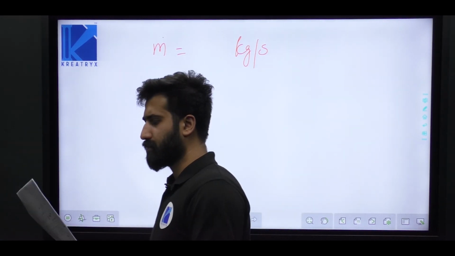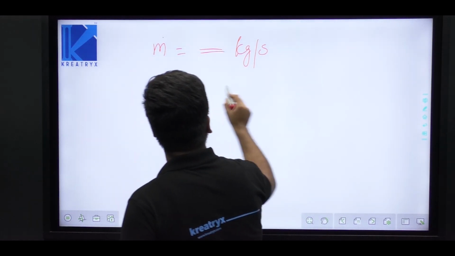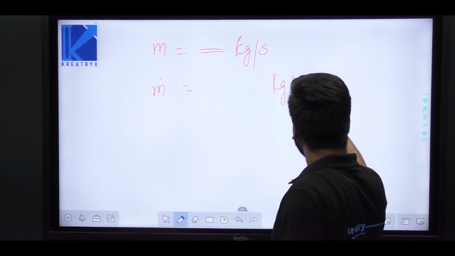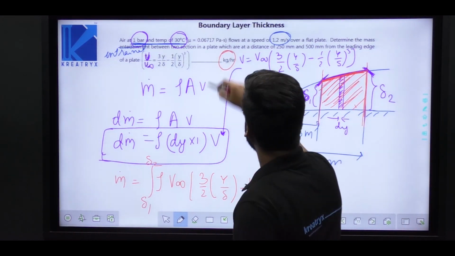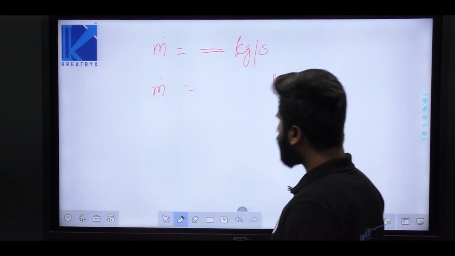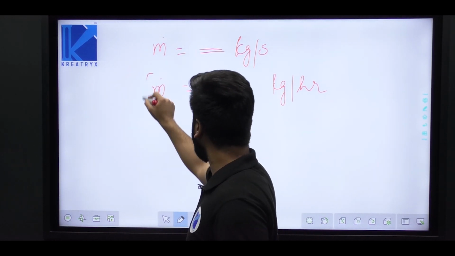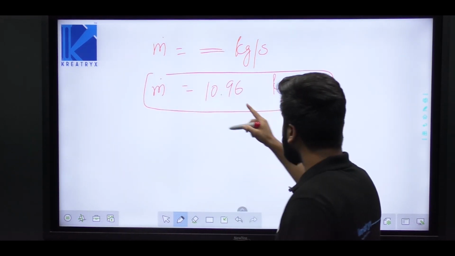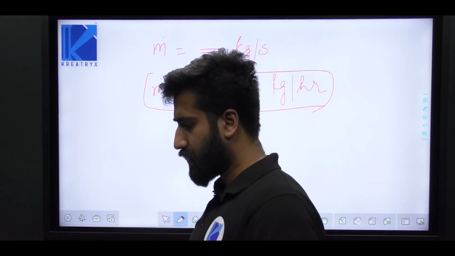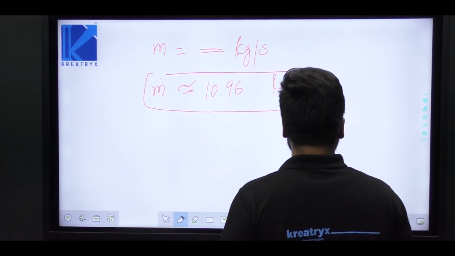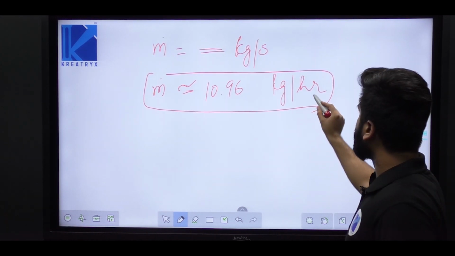Since you have to fill the answer in kilogram per hour, m dot is around 10.96. Please be careful, this is not the exact value, because I don't have the exact values of delta 1 and delta 2. This will also be in kilogram per hour.